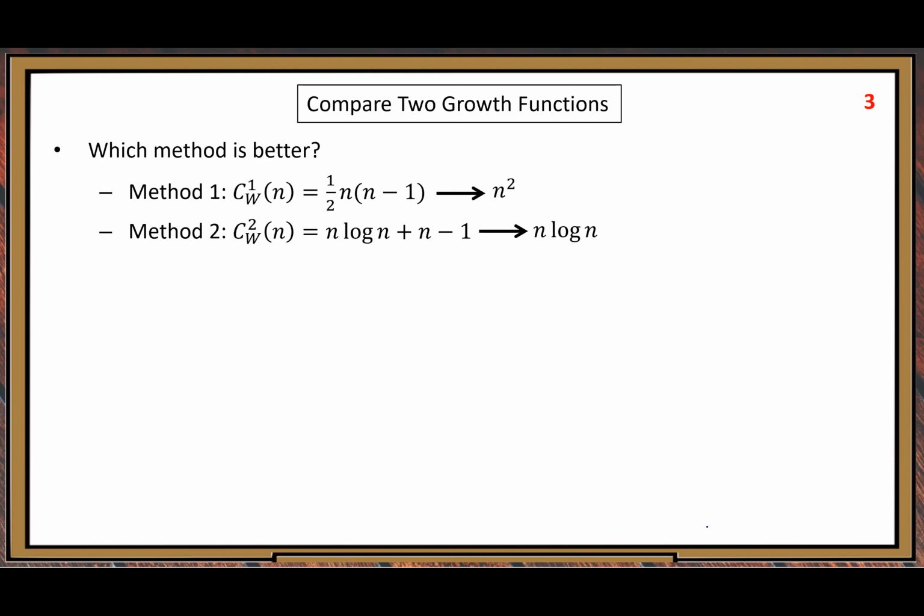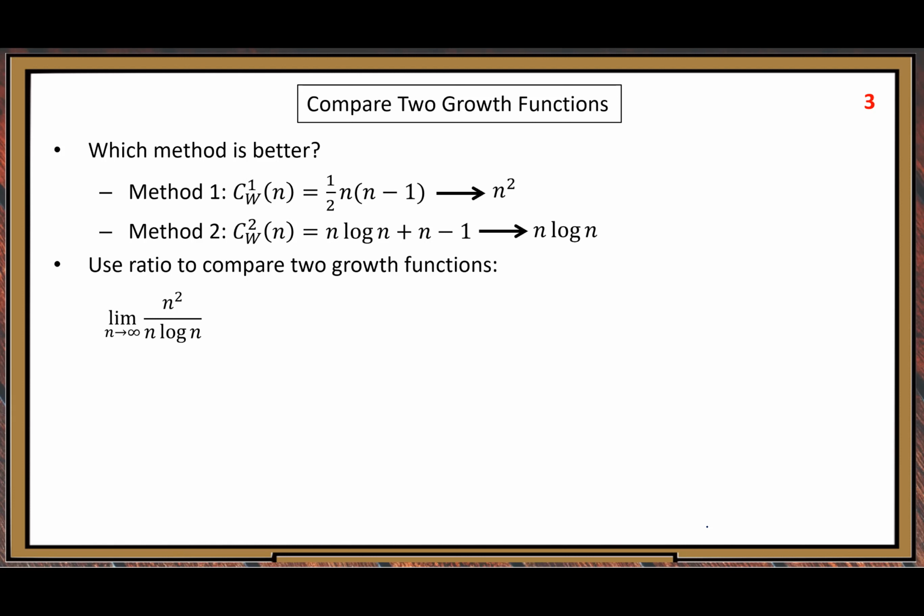Let us compare these two functions. How to do the comparison? Use the ratio, the limit, the same way we did in the previous slide: the limit of the two functions when n goes to infinity. Let us do the calculation here.